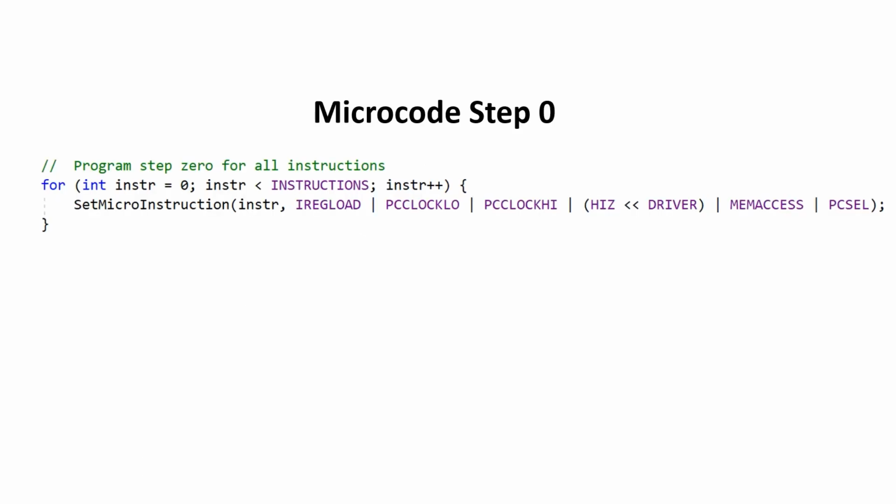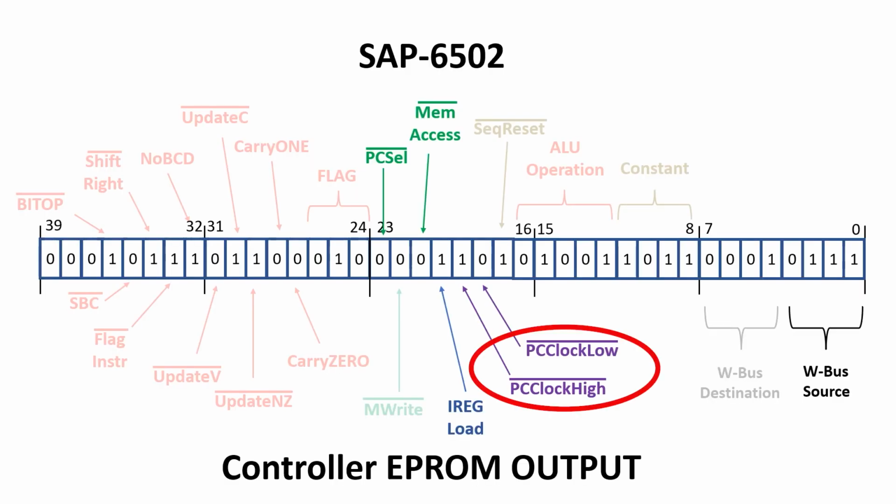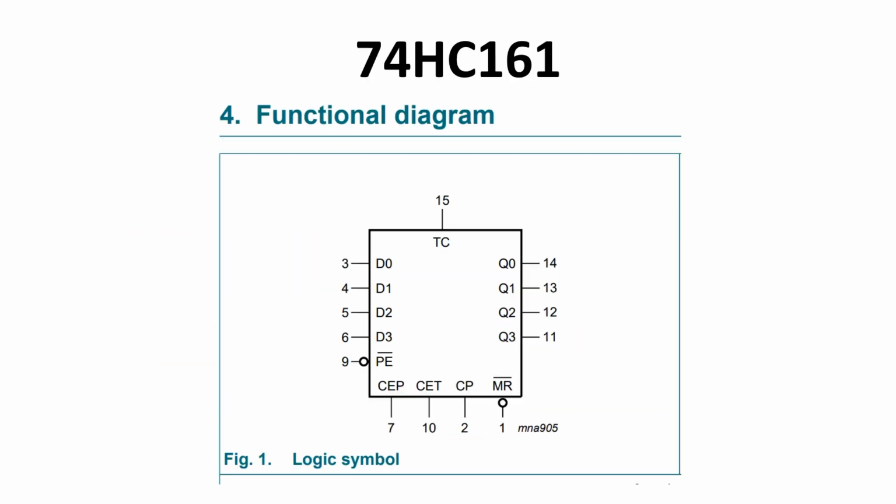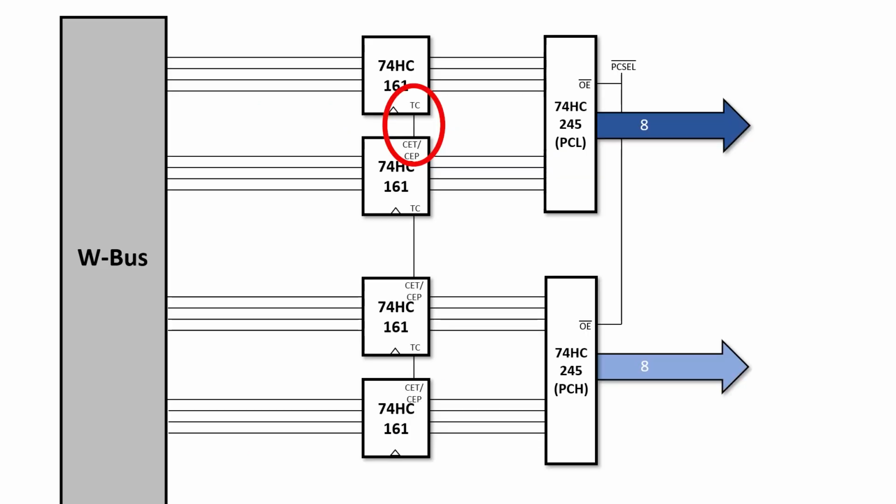After we've read the instruction, we want to increment the program counter by 1. To do this, we assert PCClockHigh and PCClockLow. To understand how these signals work, we need to go back to the 74HC161 up counter. To make a 16-bit counter out of these chips, we connect the terminal count output from one chip to the count enable input on the next.